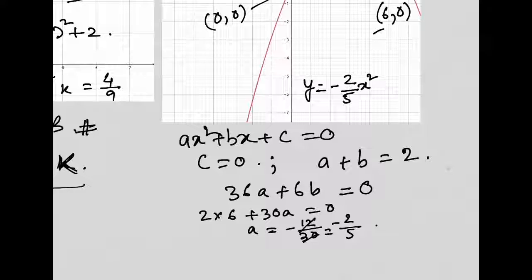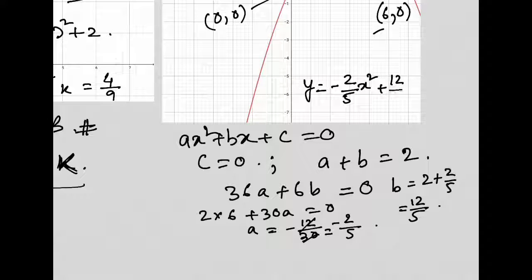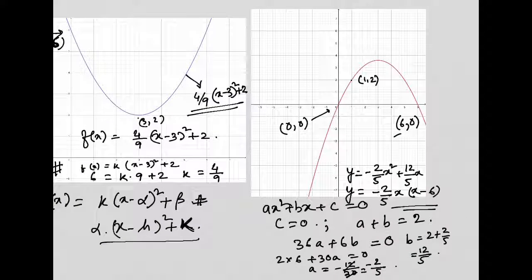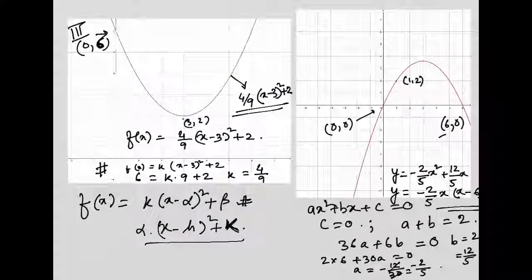I have to find b over here, b = 2 + 2/5, so it is 12/5. So plus 12/5 x, and c is already 0. You can take the common factor, x - 6. This is the expression for this quadratic function.